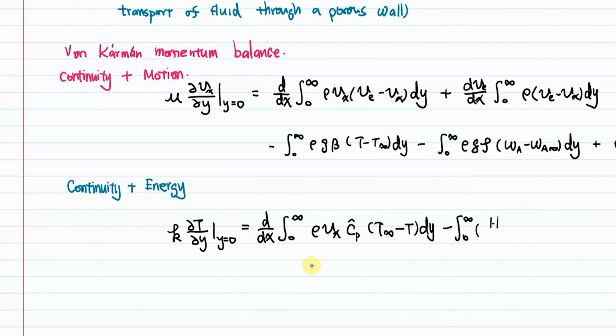This is from the chemical reaction, HA over MA minus HB over MB, RA dy minus rho V naught CP times T infinite minus T naught.